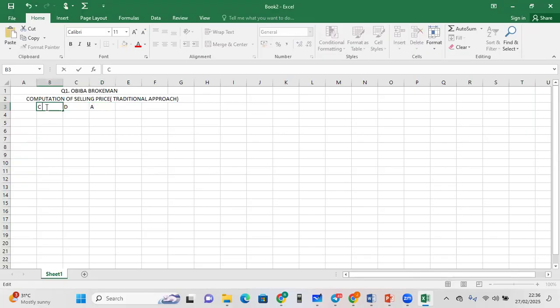All will be given in Ghana cedis with 3 zeros.